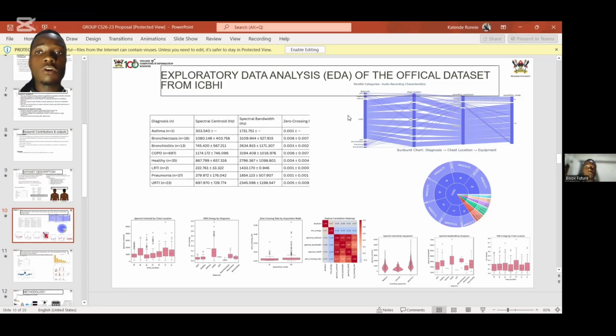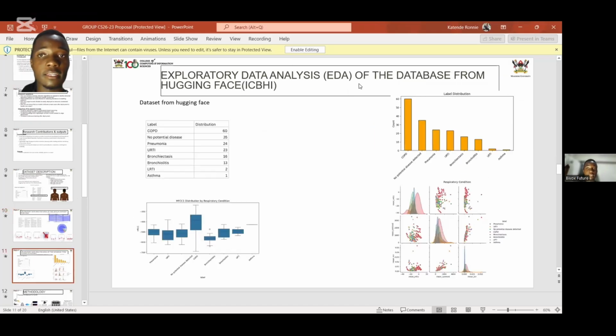So from the official website, then the dataset from Hugging Face, we are able to determine the respiratory conditions using MFCC. Then these are the box outliers. Then this one is the label distribution to see which disease was highly captured. Then the different outliers, how they are distributed.